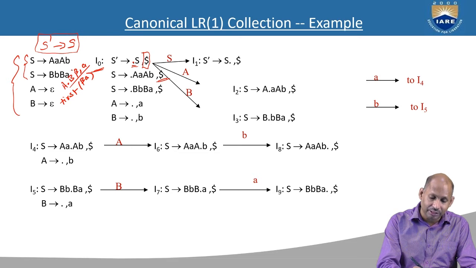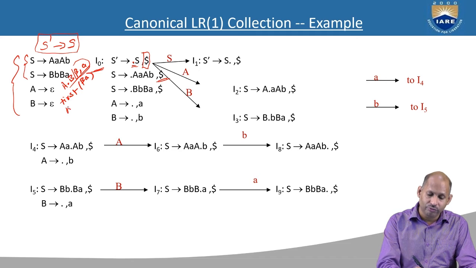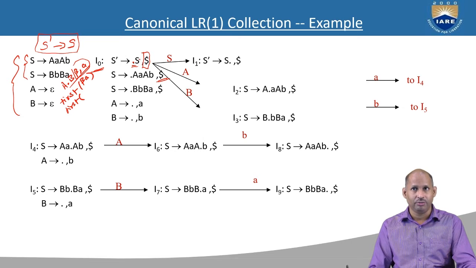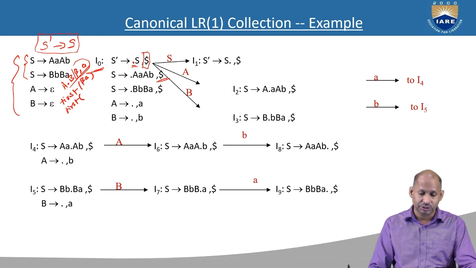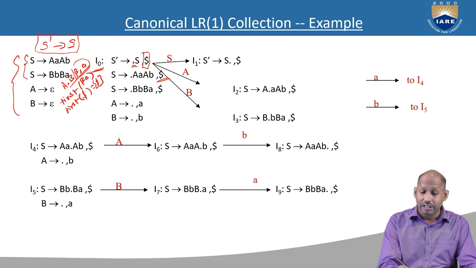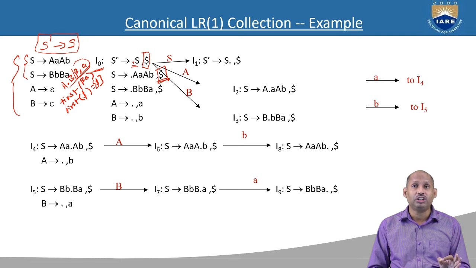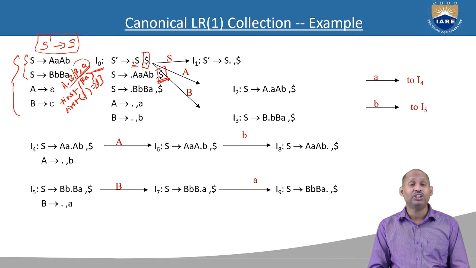We have to consider first of beta A. Here, what is the first of? Simply, there is no beta; beta is epsilon. So simply there is A, that is a dollar sign. That is the reason the symbol here is a dollar sign. Why is it a dollar sign? The first of beta A is the dollar sign. So we include a dollar sign.